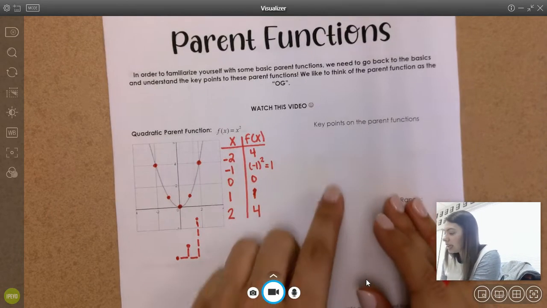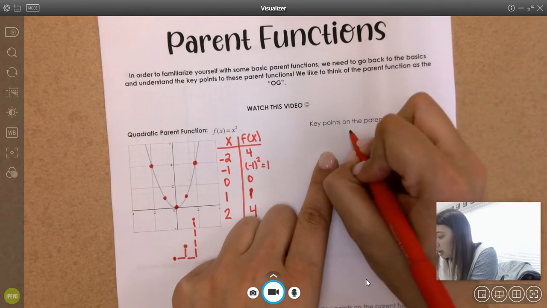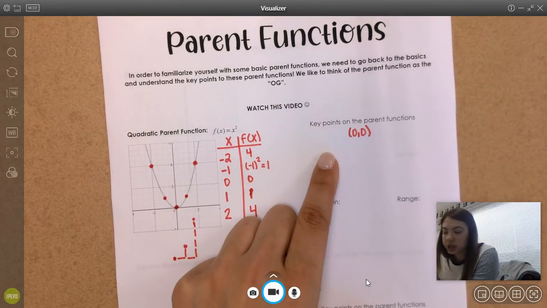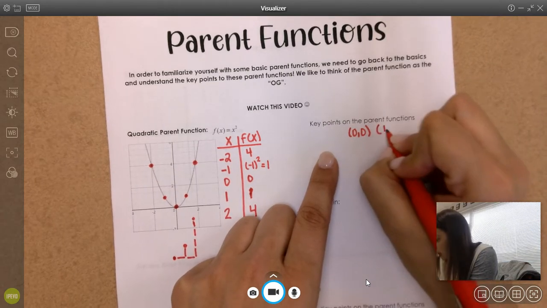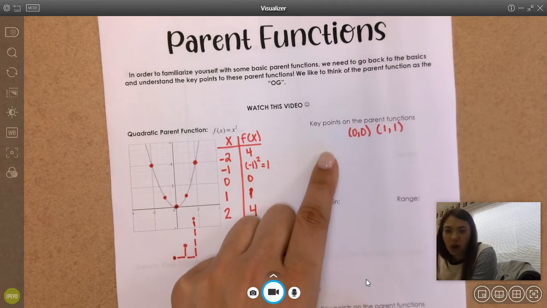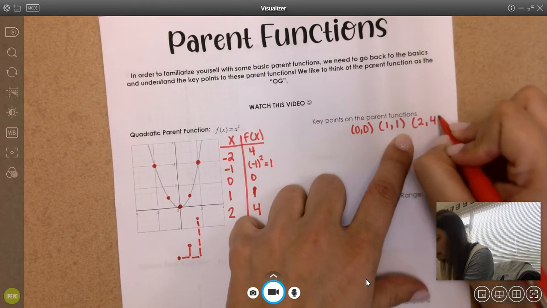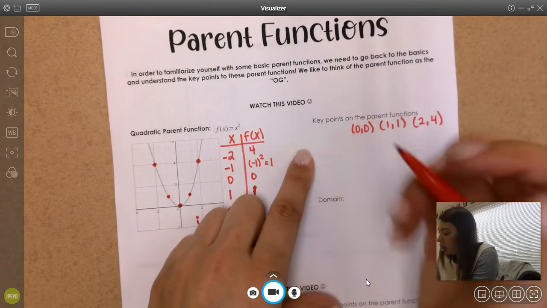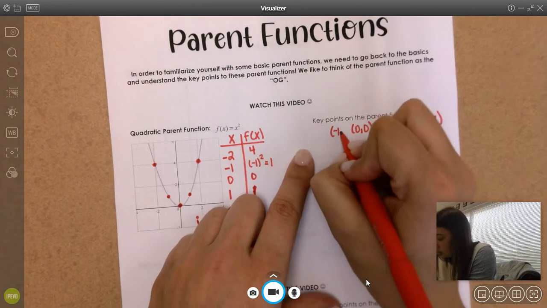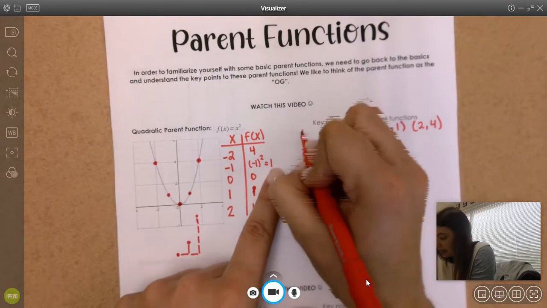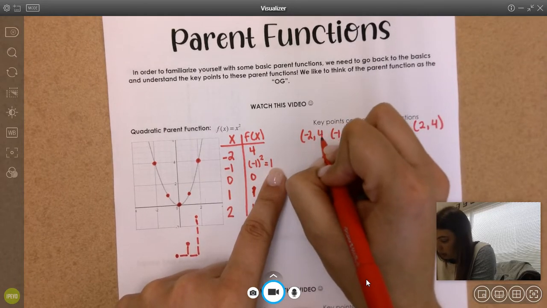If we're talking about key points on the parent function, we know that its vertex is 0, 0. It always starts at the origin. We know we go up to 1, 1. We keep moving over to 2, 4. And then we know on the flip side, we can head over to negative 1 and go up 1. And we can head over to negative 2 and go up 4.